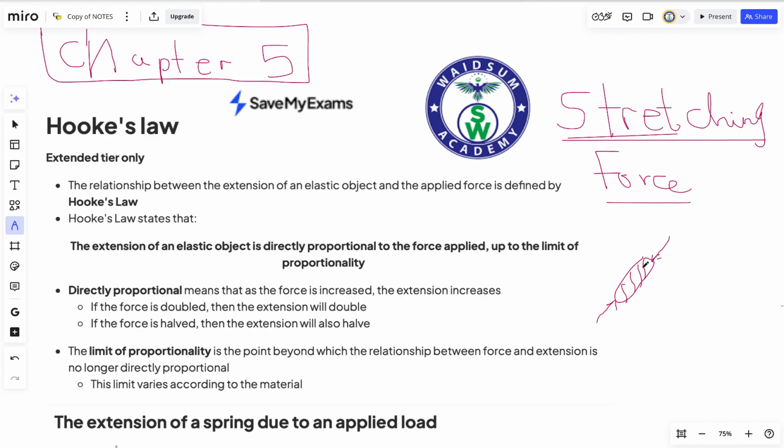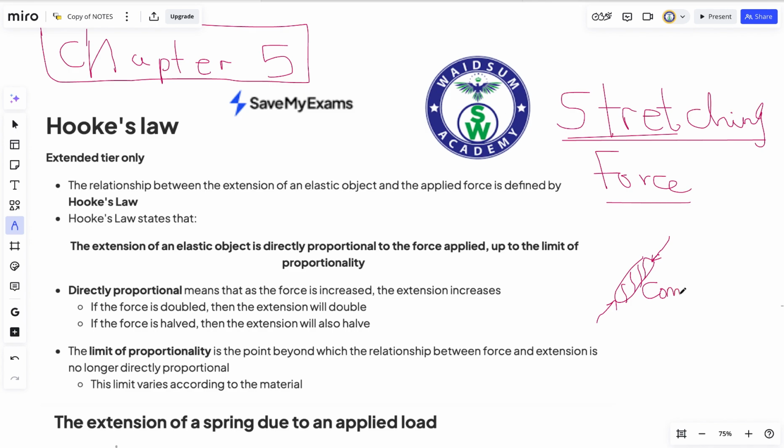The object will compress. So if you take a spring and you press it against itself from both sides, the spring will compress. So this will be compressional forces. The force acting here will be called compressional force.